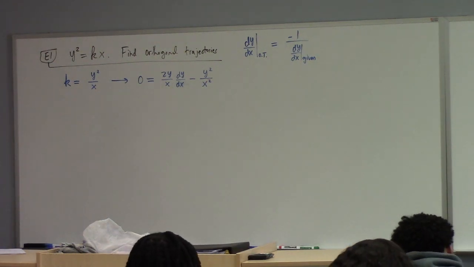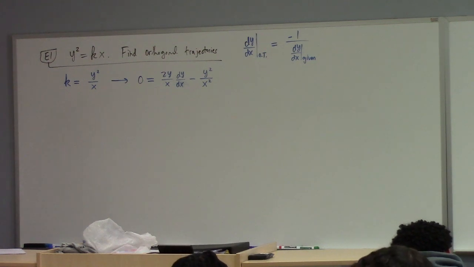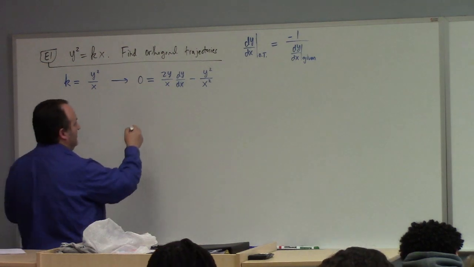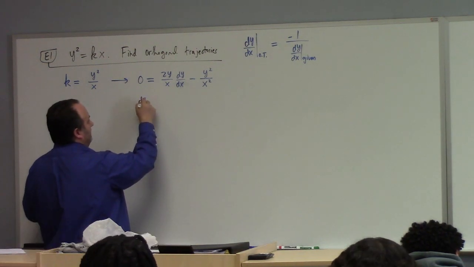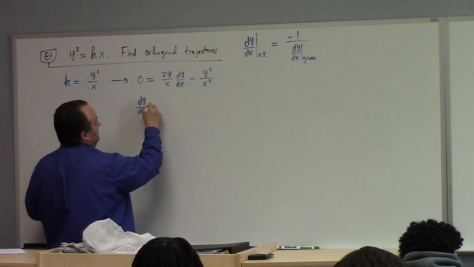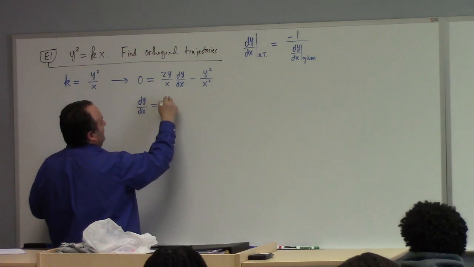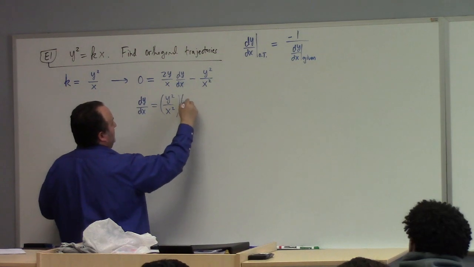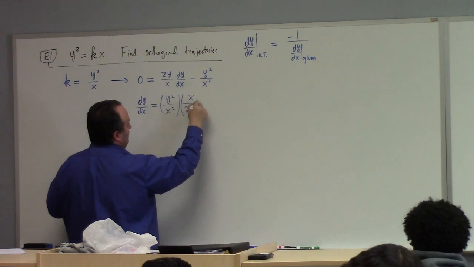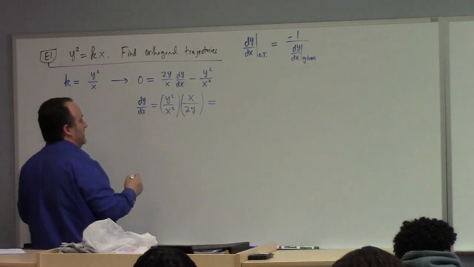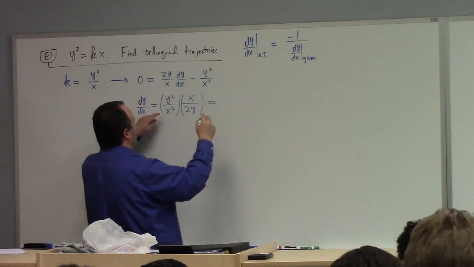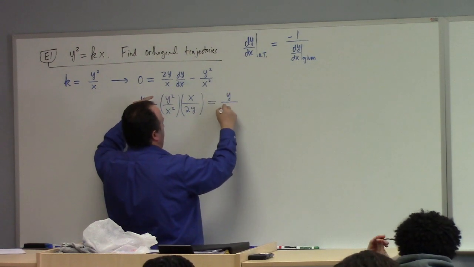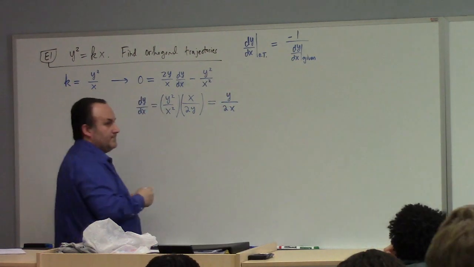We're assuming y is a function of x. This is implicit differentiation, remember? Like Calc 1? Okay, so now we can solve this for dy dx. It is equal to y squared over x squared times the reciprocal, which is x over 2y. What does this give us? We got y divided by 2x, it looks like, right?